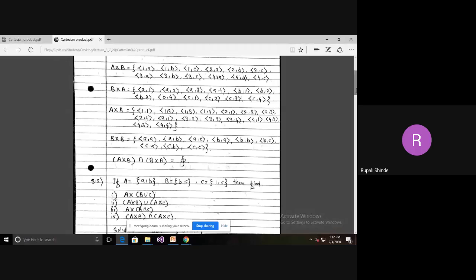So here one example is given. If set A is equal to {a, b}, B is equal to {b, c}, C is equal to {1, c}, then find A Cartesian product (B union C). Can you tell me how we can solve this example?